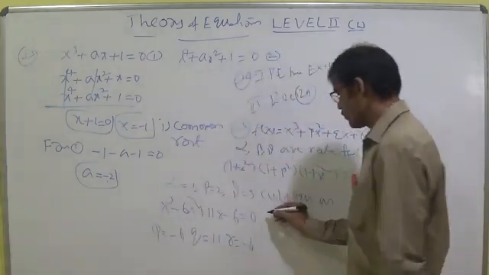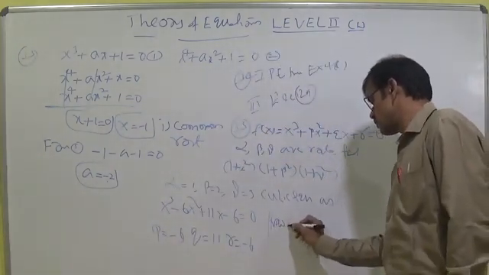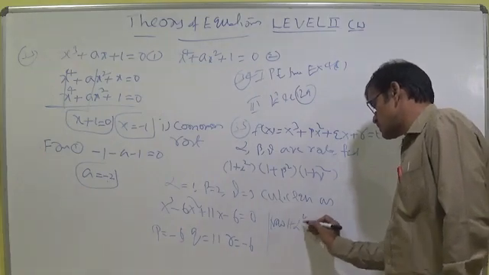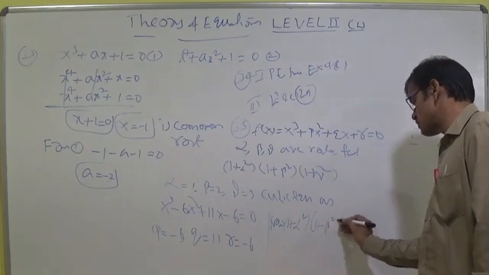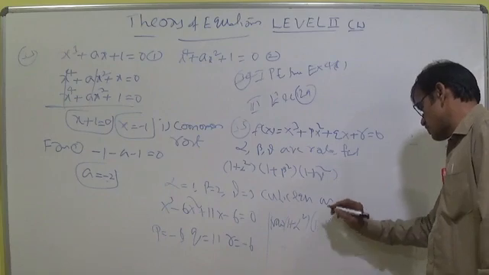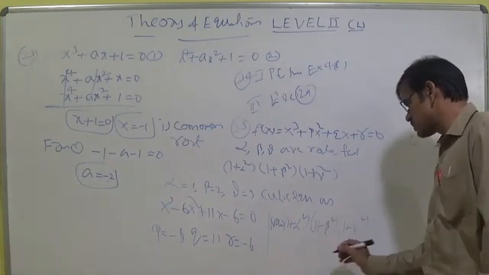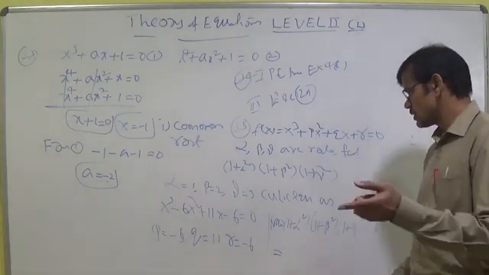Now, 1 plus alpha square into 1 plus beta square into 1 plus gamma square gives the value here. Alpha means 1, beta means 2.